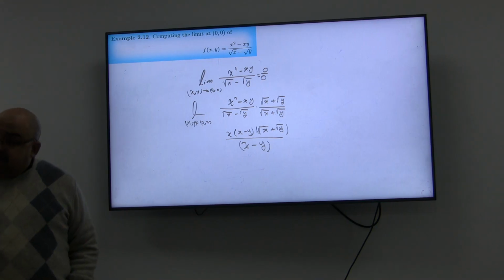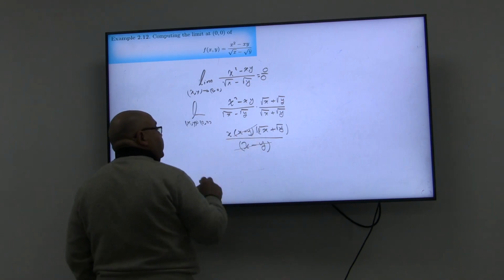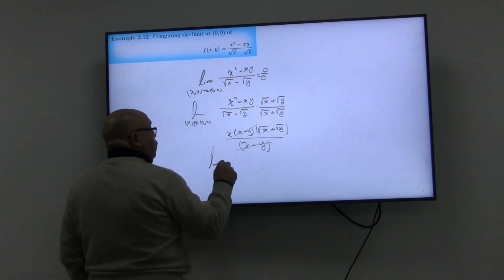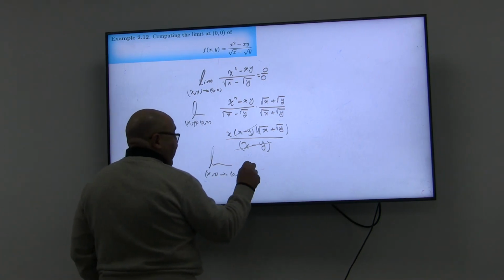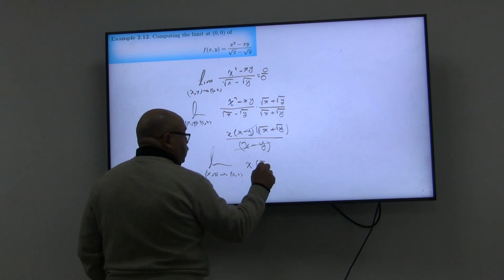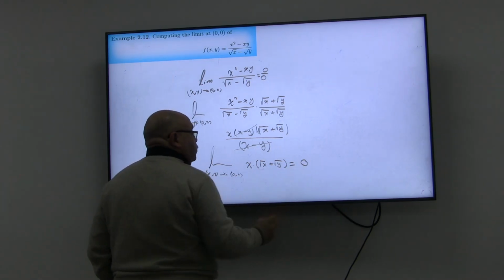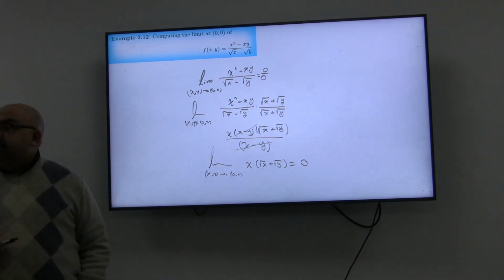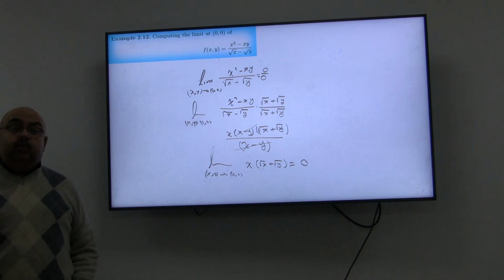In this case, I can eliminate the zero factor from the denominator. Now I will deal with the limit as x and y tend to the origin of x times root of x plus root of y, which is going to equal 0, as you can see. So the value of the limit will tend to 0.